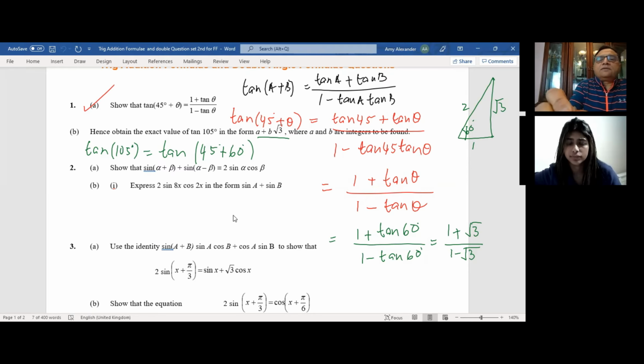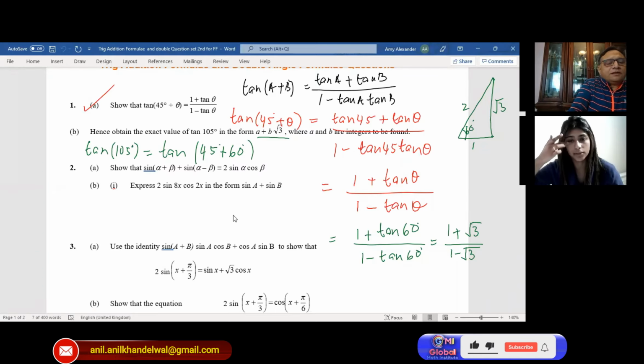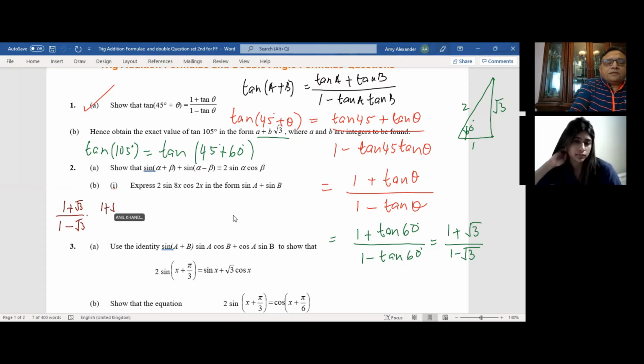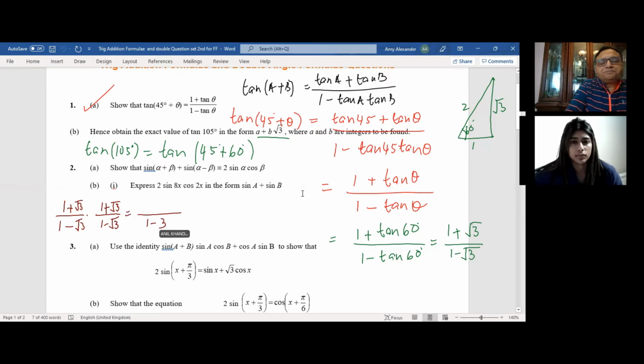Let me use another ink to rationalize. So multiply both the denominator and numerator by 1 plus root 3. That is right. So 1 plus square root 3 times 1 plus square root 3, over 1 minus square root 3 times 1 plus square root 3. So the denominator becomes a square minus b square, which is 1 minus 3, right? And the numerator is a plus b whole square.